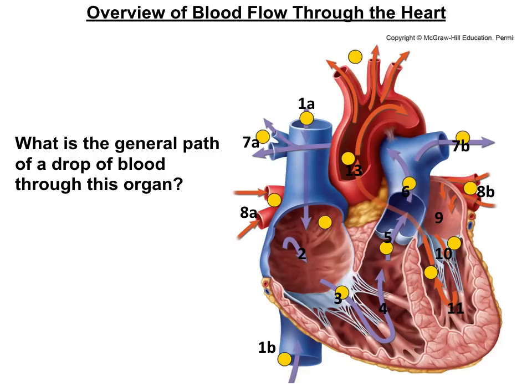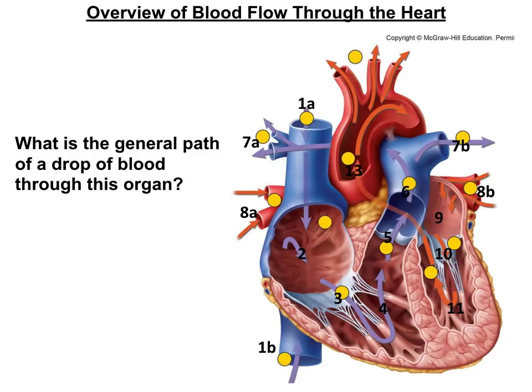So you need to return to the heart so that you can then be pumped through the pulmonary circuit to the lungs where you can pick up oxygen. Return to the heart, and then leave the heart through the aorta to then flow through the systemic circuit to get that oxygen out to the body. So we're going to pretend we're a little blood drop somewhere. We are in desperate need of O2.